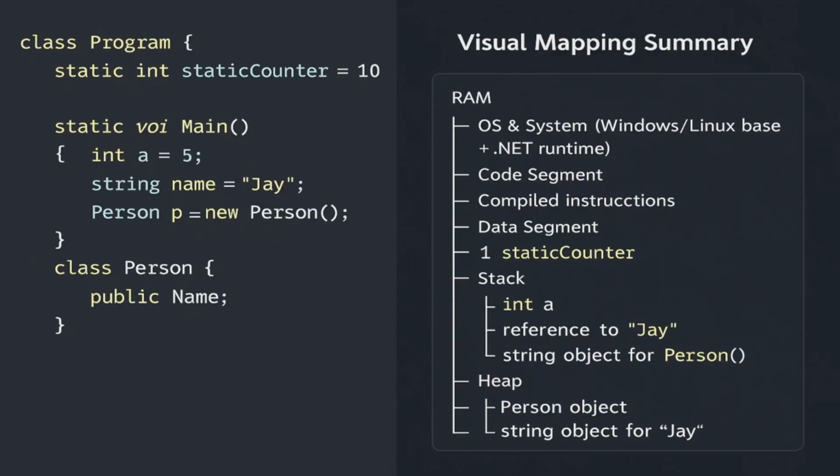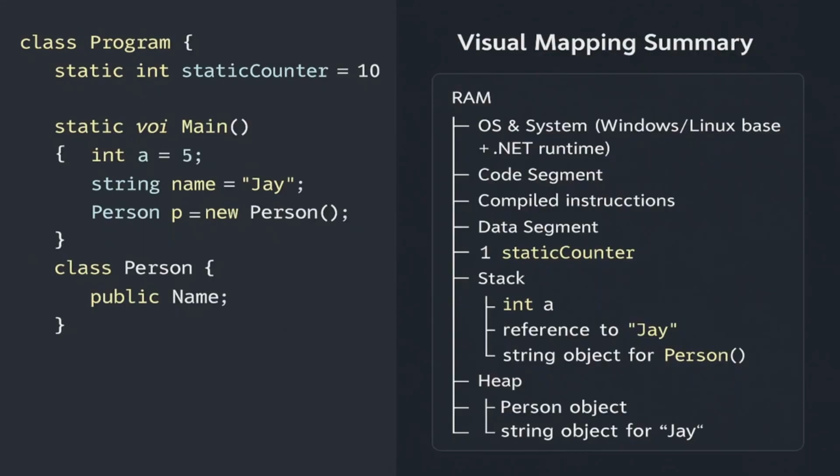Then you have the code segment, where the code which you write, like main and all those things, goes. The compiled instructions, the compiled code, go there. Then the data segment, the static area, is the place where you have static variables. All those go into the static area. And then you have the stack and then the heap.